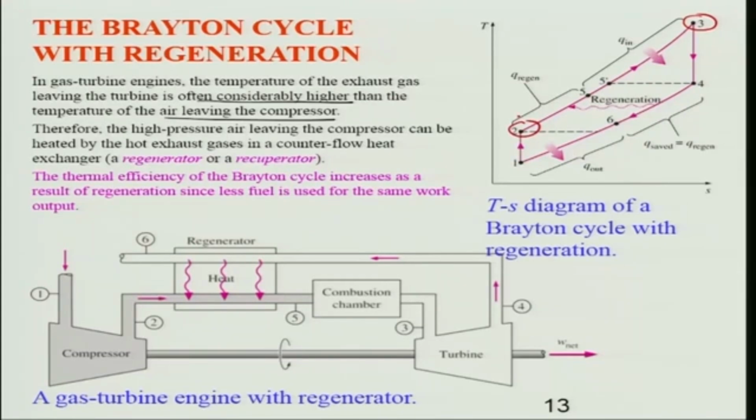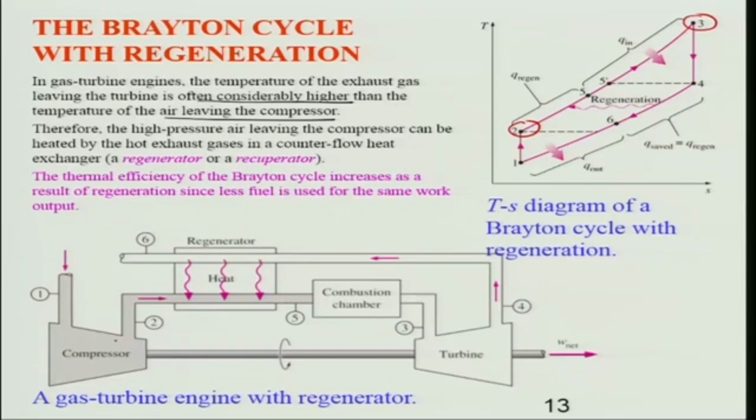In that case, what we can do is heat the gas which comes out from the compressor using the heat of the exhaust gases, by making use of a counterflow heat exchanger. This particular way of heating the gas from the compressor by the exhaust gas in a counterflow heat exchanger is called a regenerator. So this is the schematic diagram of it.